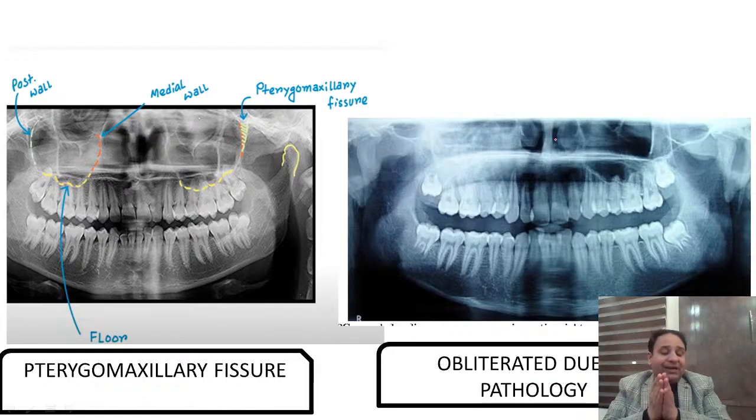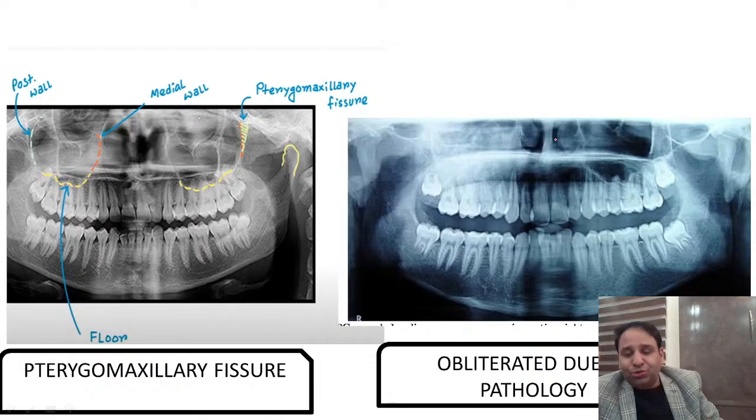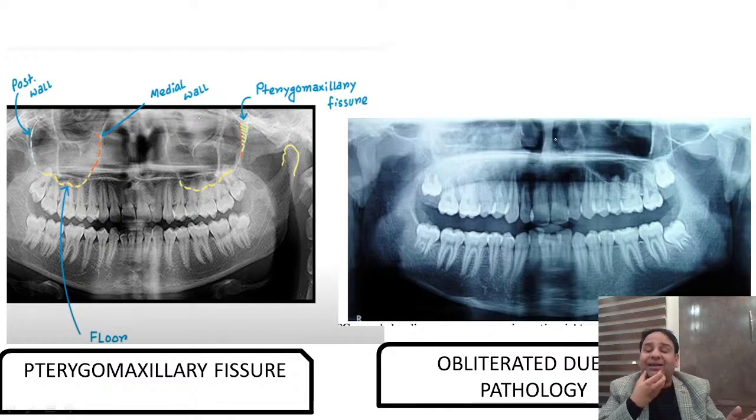But the simple answer to Jyoti is: wherever the term central comes, that means the lesion is present within the bone. So central giant cell granuloma is present within the bone in the anterior mandibular region, can cross midline, and it has that wispy, degenerating granular septa.